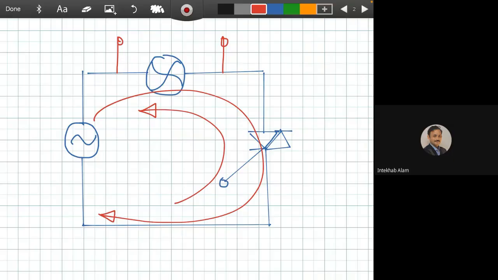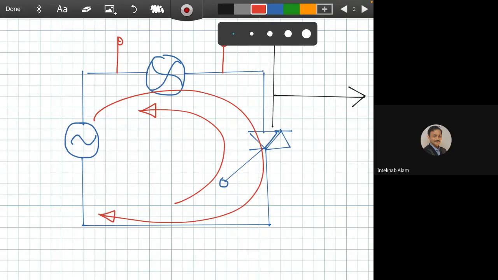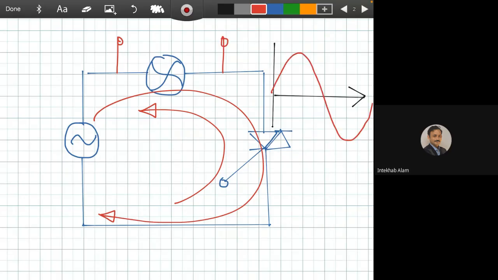We are giving an input voltage of... okay, this is the input voltage, and whenever we use a triac, we can find an output voltage like this.